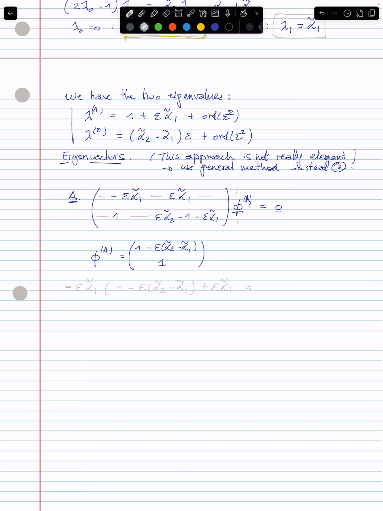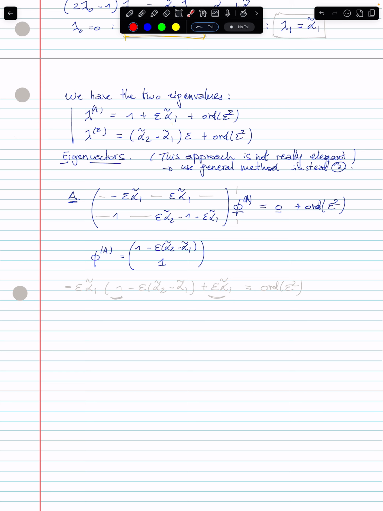And so what we have here, you see that this disappears with that, and we have indeed something that is of order epsilon square, which is anyway the order of magnitude of the terms that we have discarded here, because lambda a was accurate up to order epsilon square.